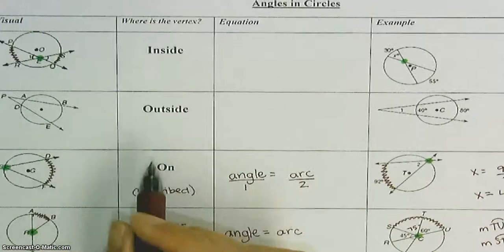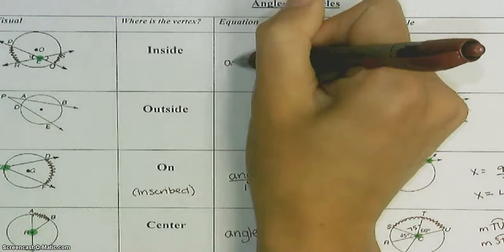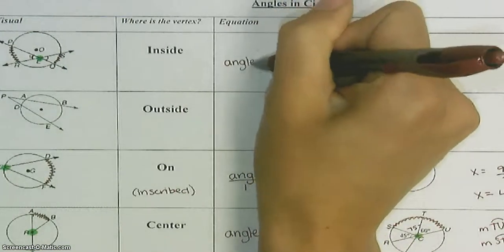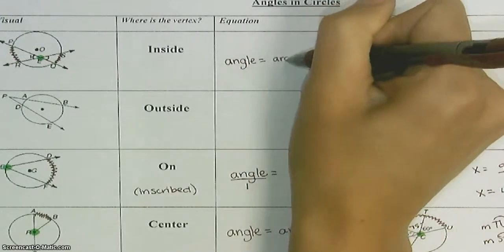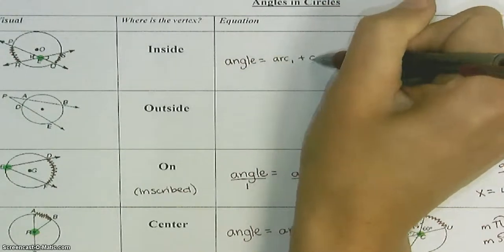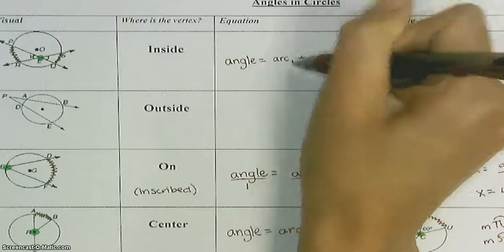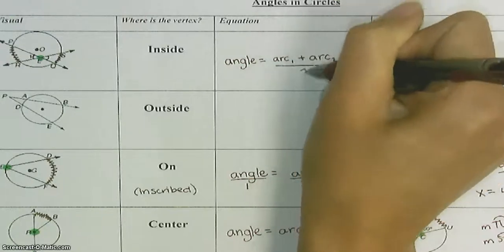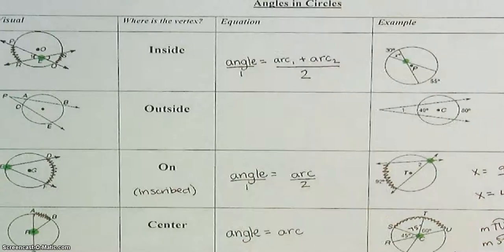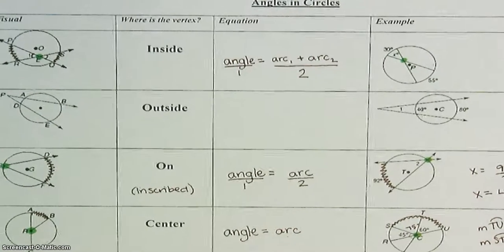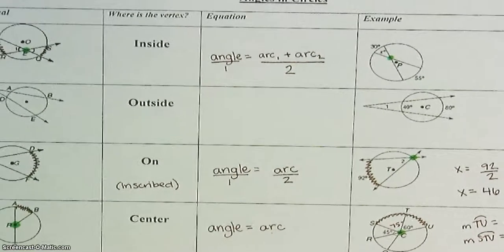So for an inside angle, you average the arcs together. Angle equals the first arc plus the second arc divided by 2. That's how you average. If you want to think about this as over 1, you can. It's not always necessary. So here, let's check it out.